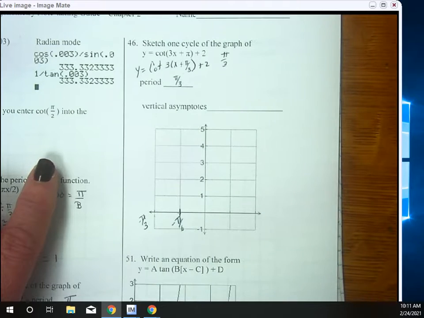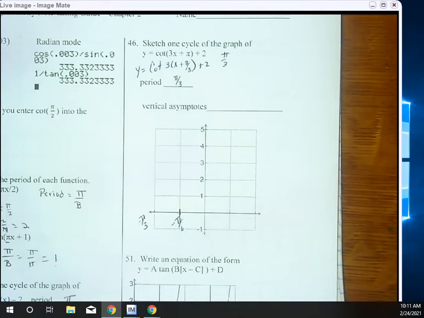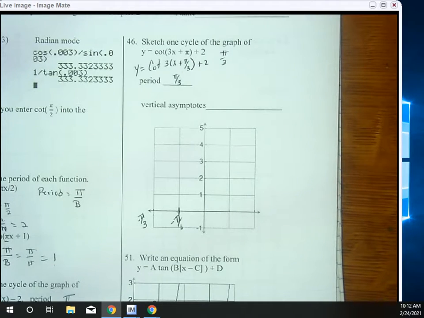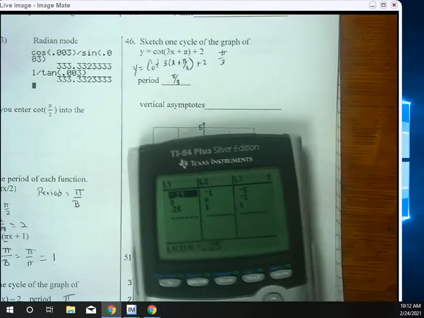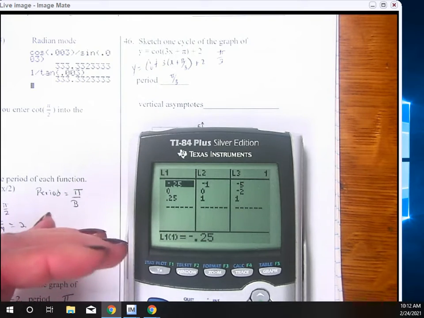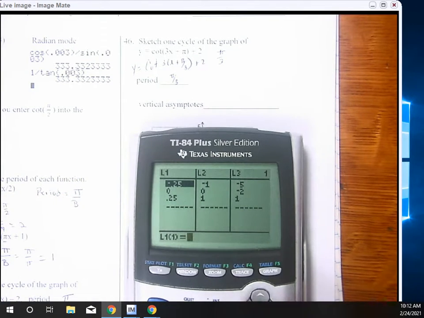On the other side, when we did our key points for cotangent, the cotangent values we said were at pi over 4, because we're at 0, we've shifted it back. So let me go ahead and put in, at 0, it's going to be undefined.